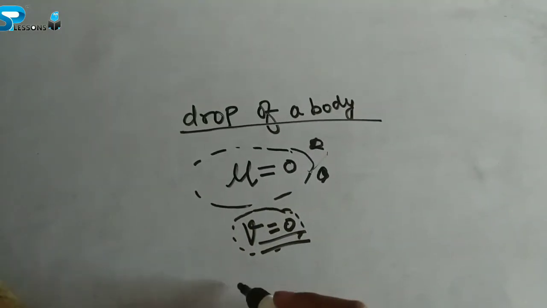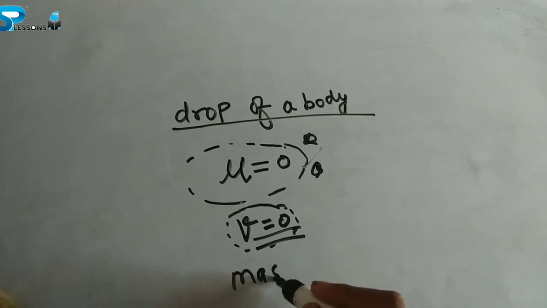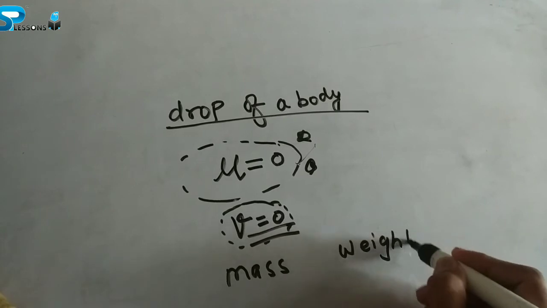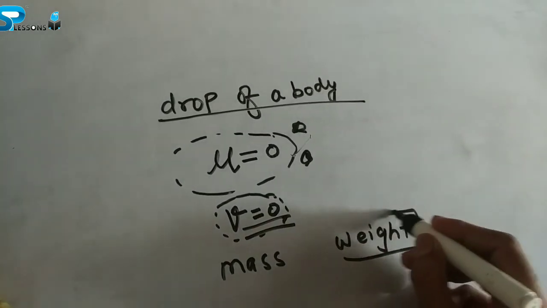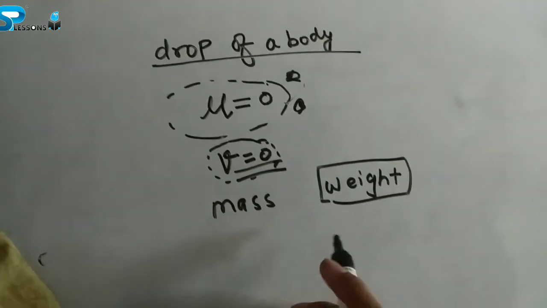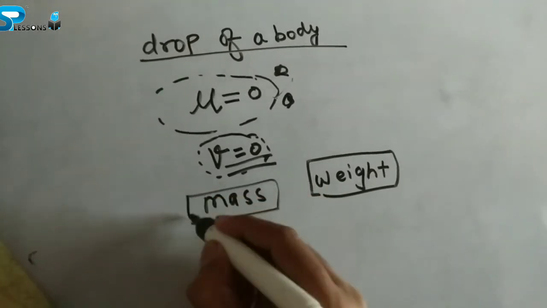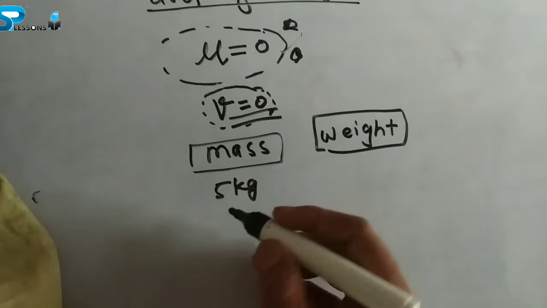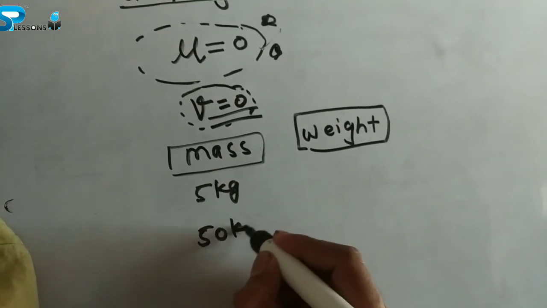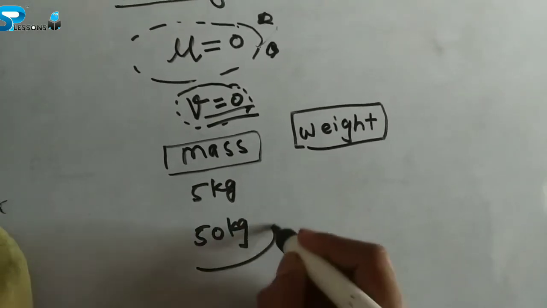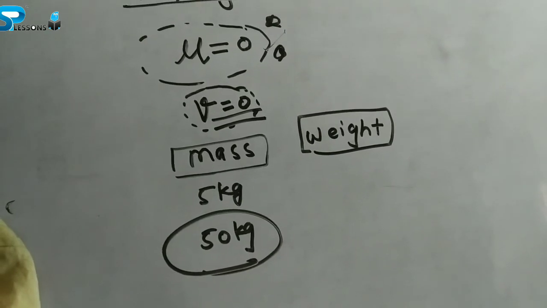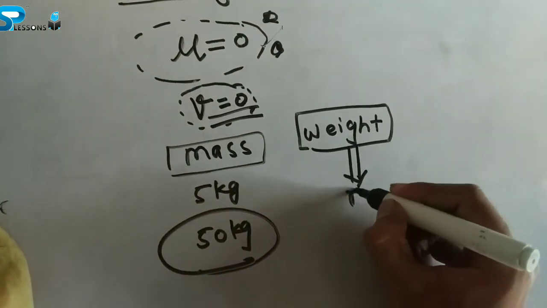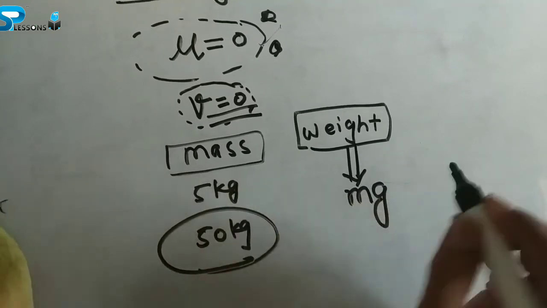Now we see the difference between mass and weight. Weight we can define in terms of the effect of gravity. If we know the mass as 5 kg, 10 kg, for example, a person has 50 kg mass. So it is a mass, not a weight. So weight is mass multiplied by small g.